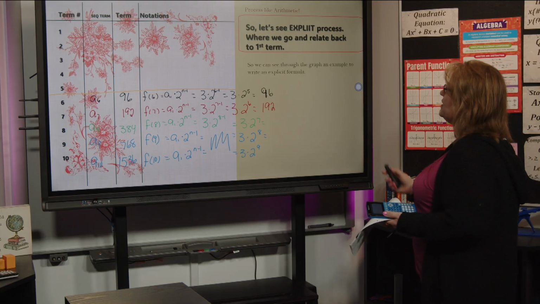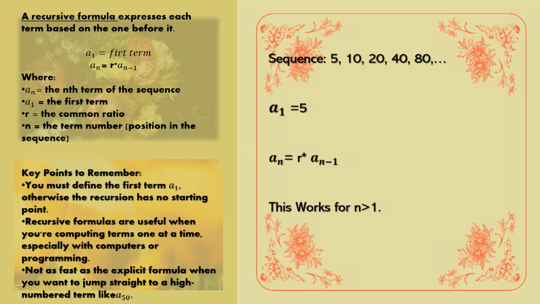All right, so let's look at the next one, a recursive formula. Now we've done the explicit. Let's look at the recursive formula. It expresses each term based on the one before it. So a sub 1 is our first term, and a sub n is the term we're looking for.